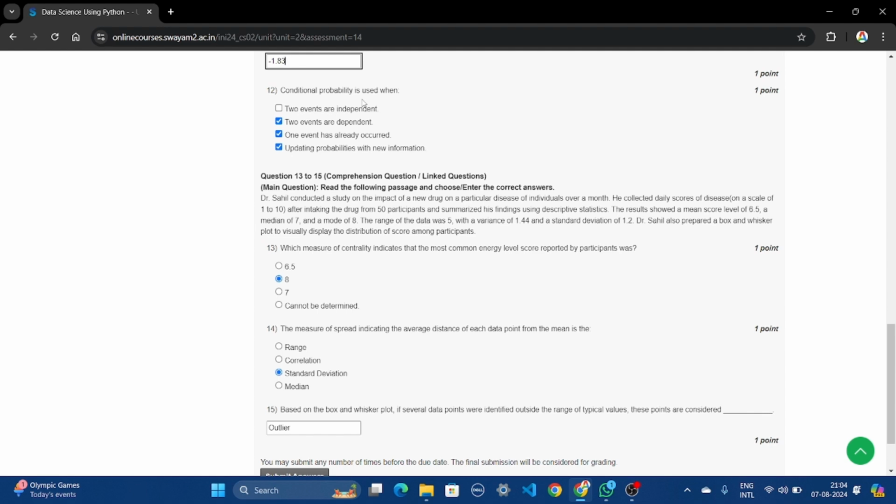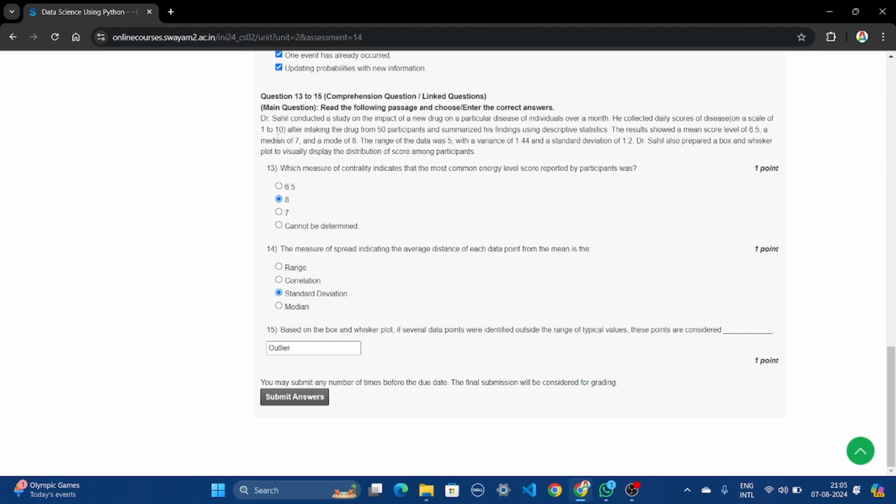So there should be a relationship between those two events. So they both are not independent, they both are dependent.